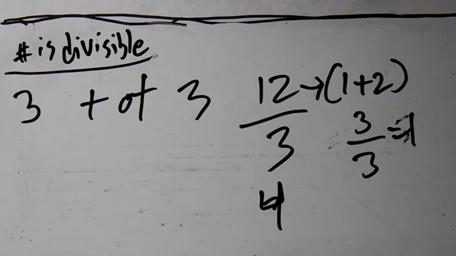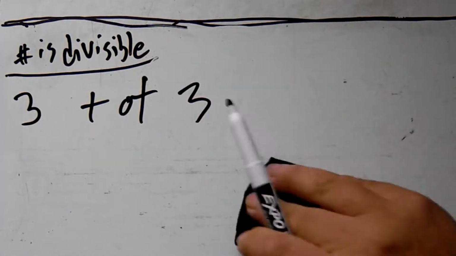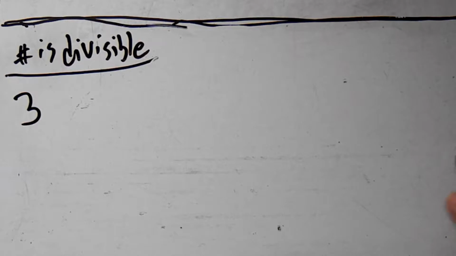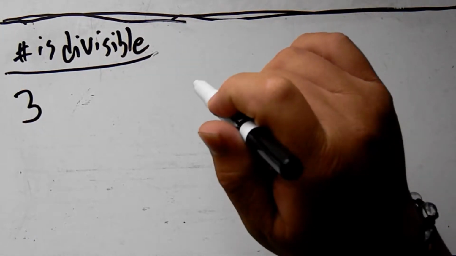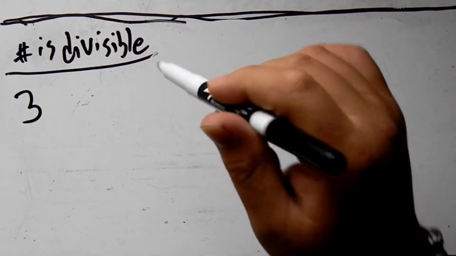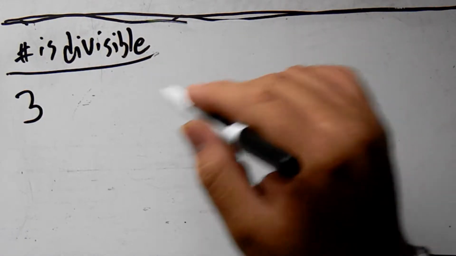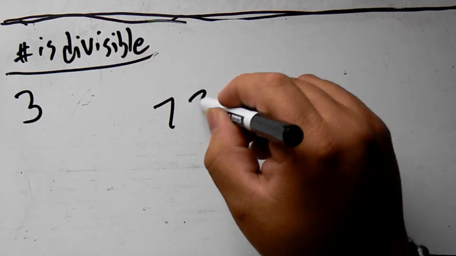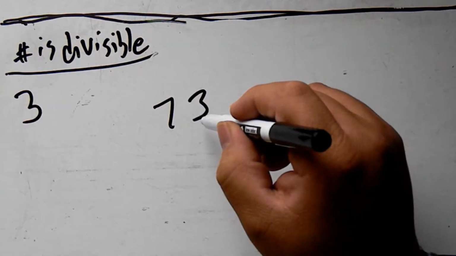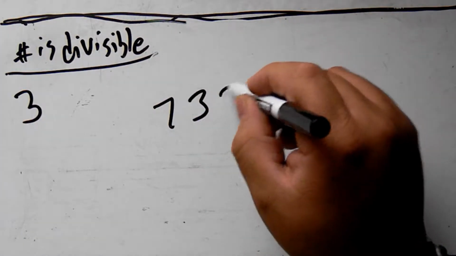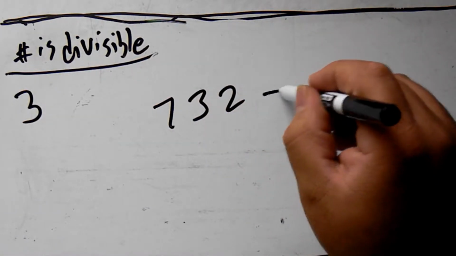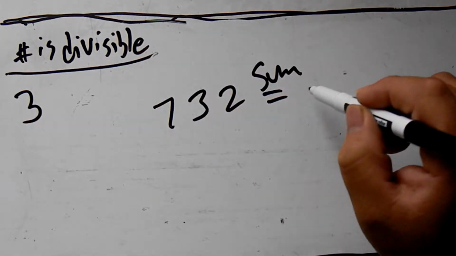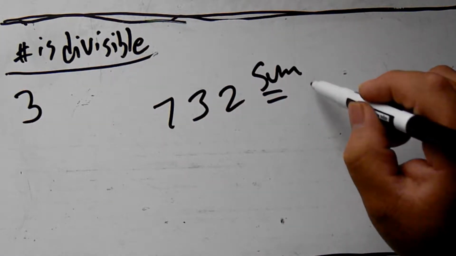So let's take a look at a harder number. For example, let's look at a number that has a digit sum of 12. So 7, 3, 2: 7 plus 3 is 10, plus 2. The sum is equal to 12.